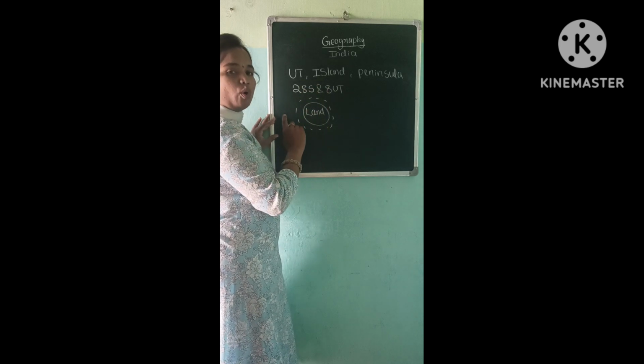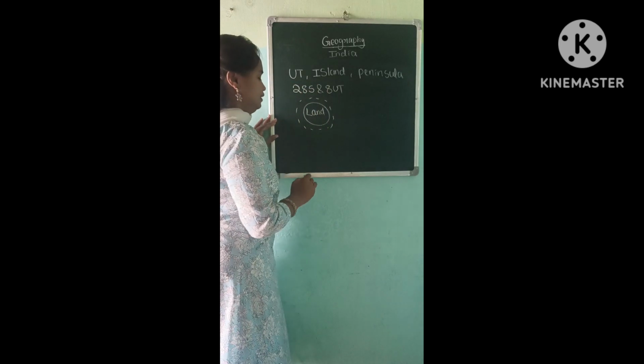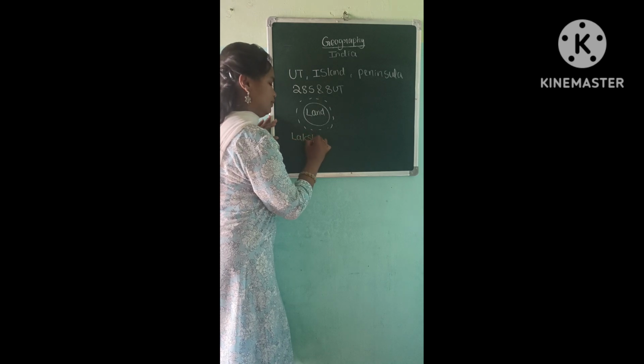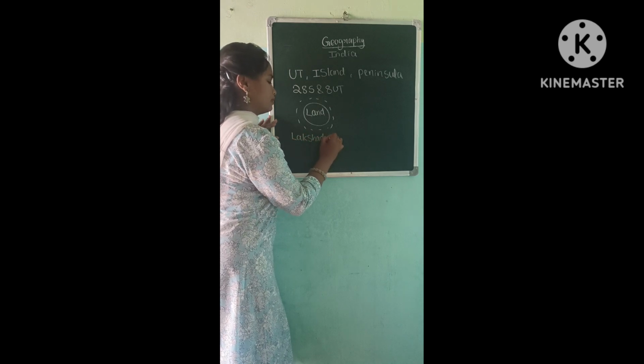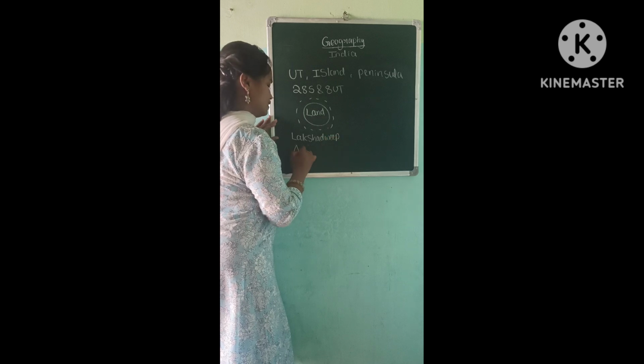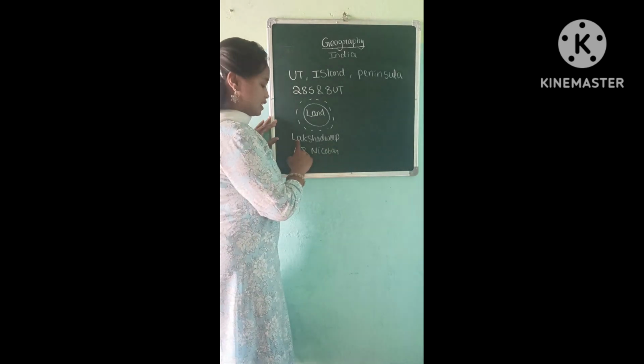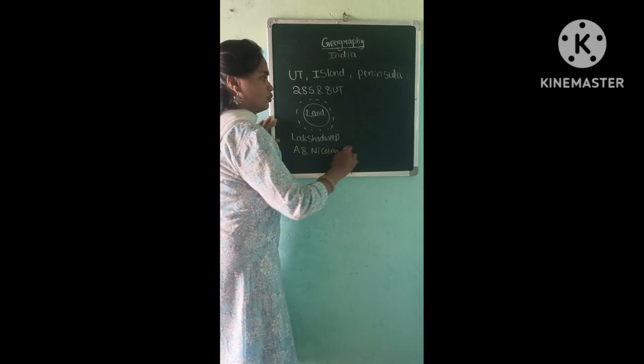On 4 sides there must be water in order to become an island. India has 2 islands, as I said earlier. One is Lakshadweep, the other one is Andaman and Nicobar.